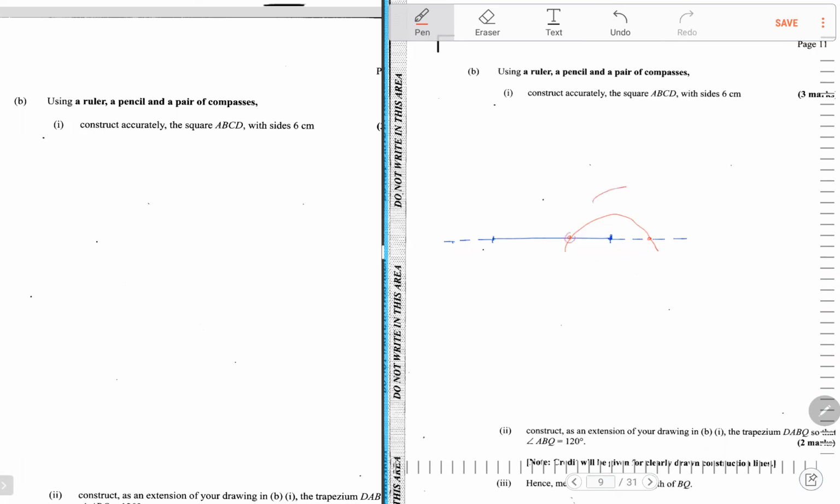And then from this point, you make an arc across that one. And you do the same thing over this end. From this point, you make an arc because you're bisecting a line segment. You put a point there, open the compass, and you make an arc looking something like that.